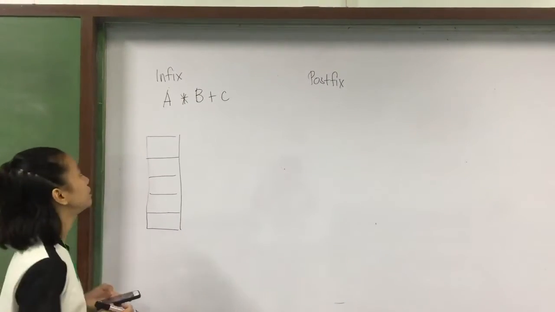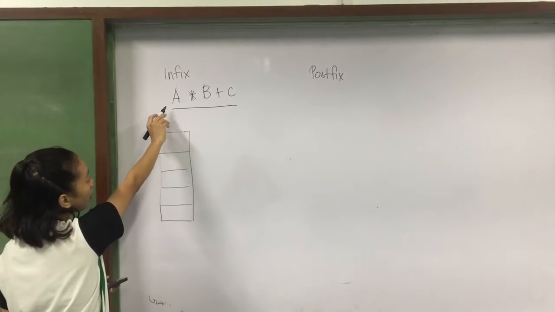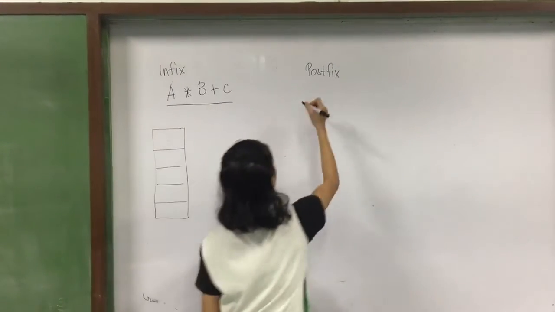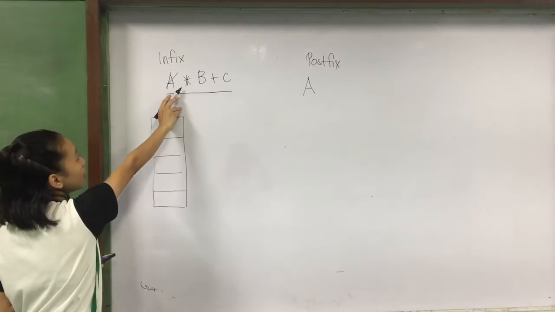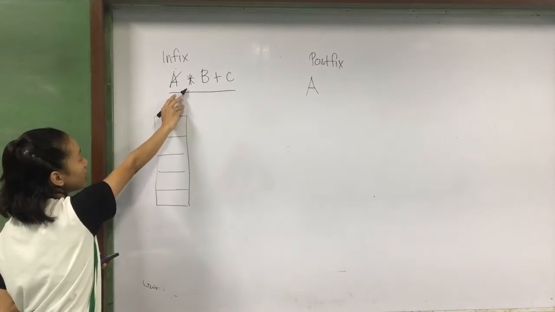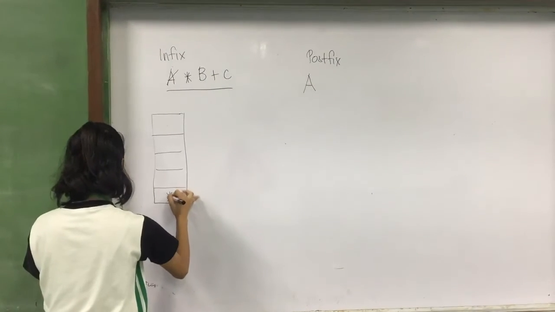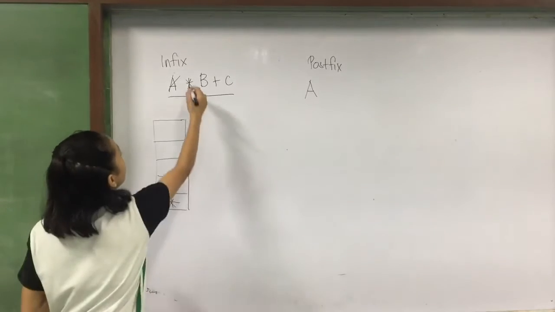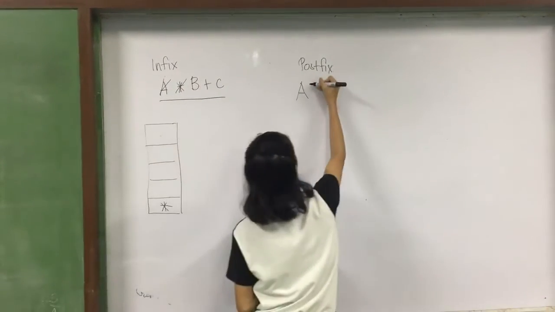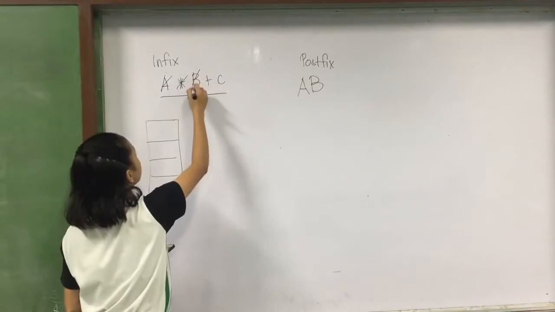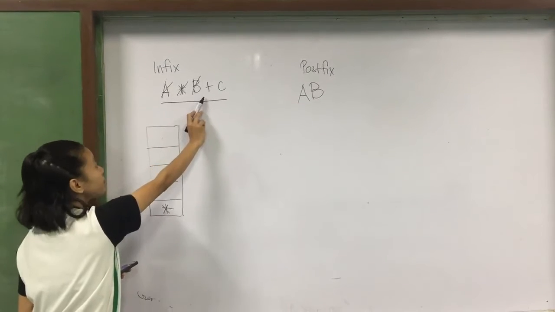Here is the example. This is the infix. We must read A. Since A is an operand, we must write it on the postfix. Next, it is an operator. We must write it on the stack. Next, B. Since B is an operand, we must write it on the postfix. Next, it is the sign of addition and it is an operator.